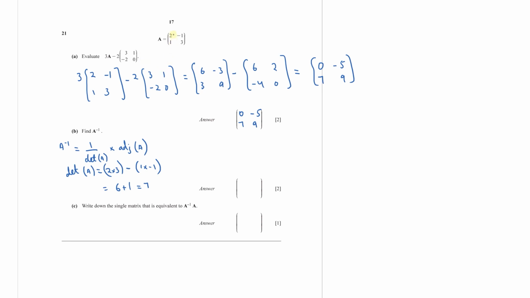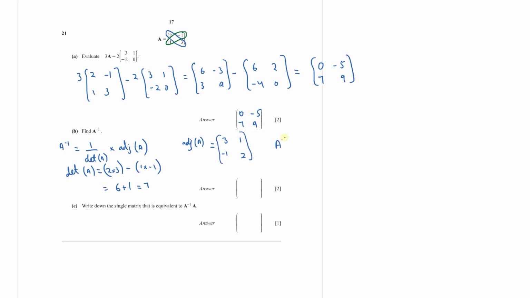So for adjoint, you swap these values, basically 2 moves here and 3 moves here, and then you change the sign of values here in green. So this one becomes minus 1, this minus 1 becomes positive 1. So your adjugate of A would be equal to, you swap the values, so this becomes 3 and 2, and then you change the signs. So you get 1 and minus 1.